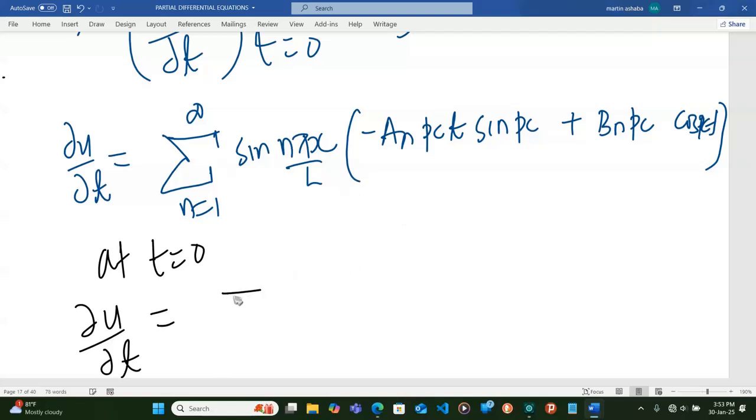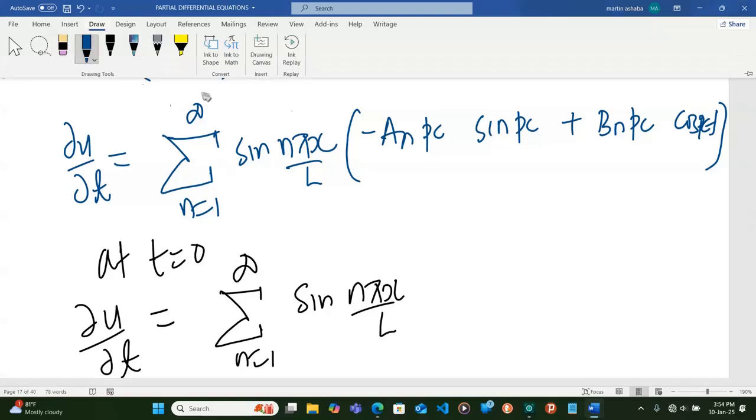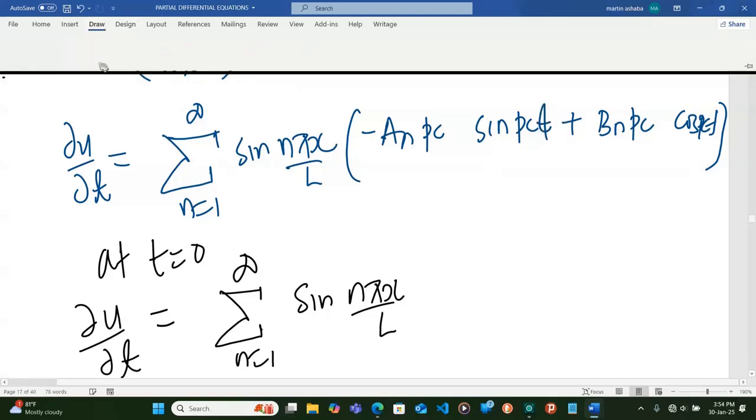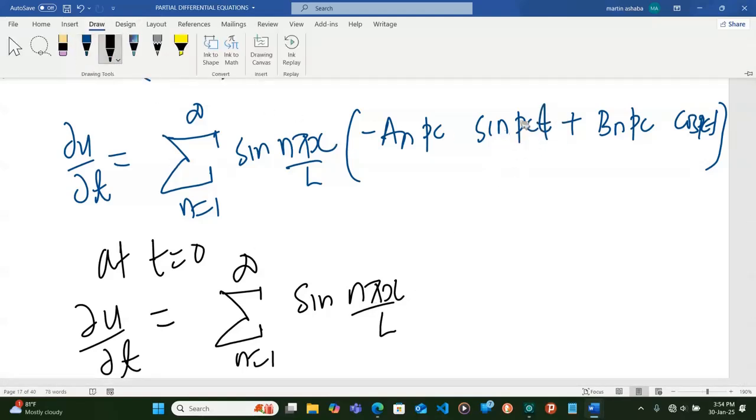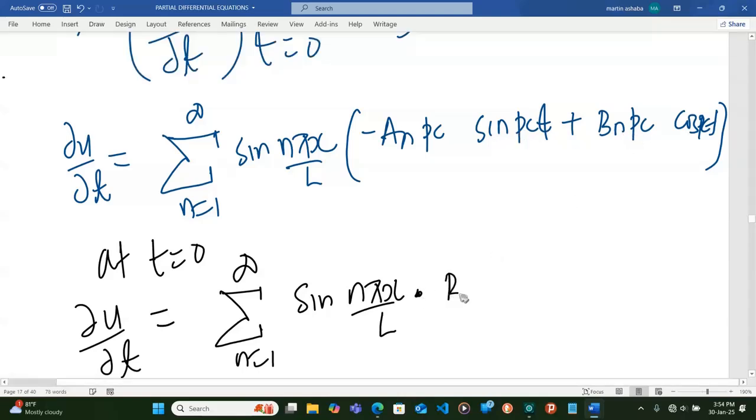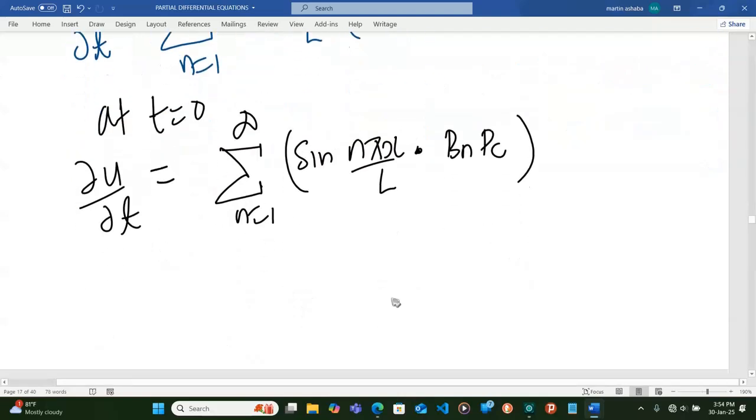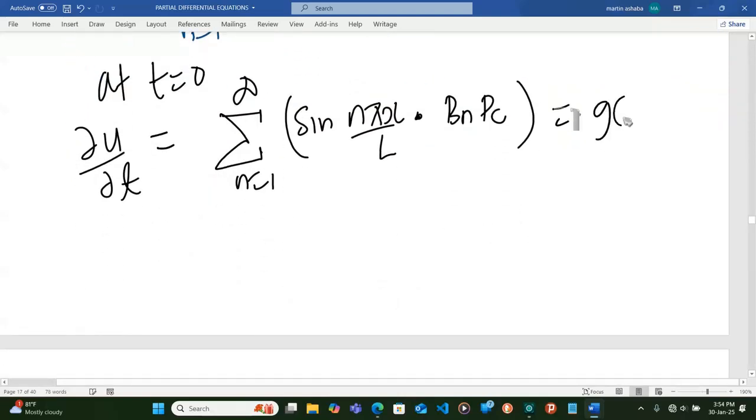I will have the summation n is equal to 1 up to infinity of sine n pi x out of L. So this becomes 0, then we will remain with this, times bn pc, and this is 1. Okay. So we are told that this is equal to g of x.